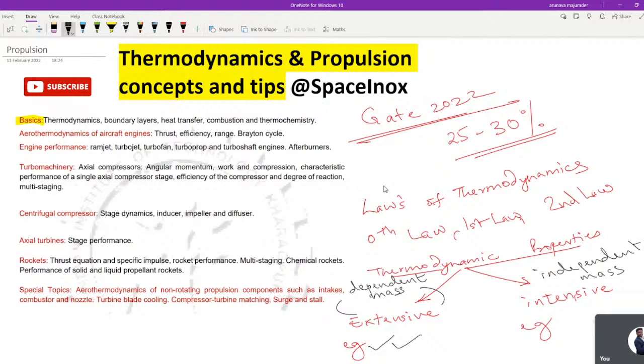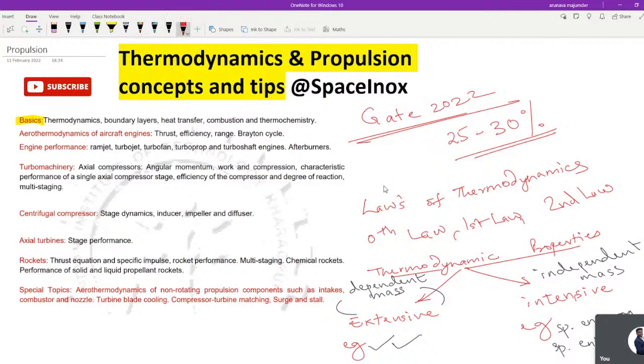Intensive properties are like pressure, or something that is specific, like specific energy or specific enthalpy. All those things come under intensive properties. Now, I personally prefer to remember in terms of some tricks to avoid mistakes, because there are huge things to remember.